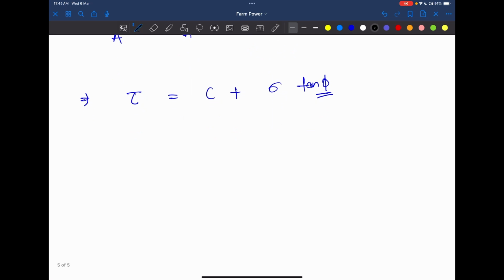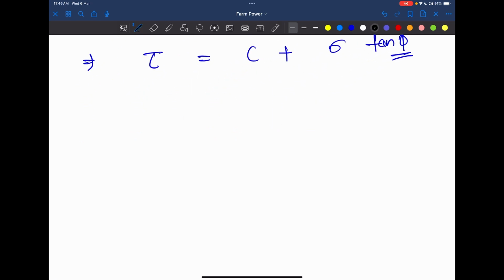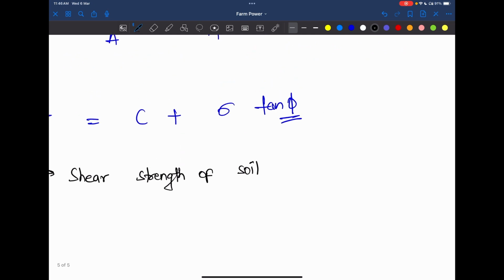Let me just put it down. This is the shear strength of soil. And this one is normal stress.